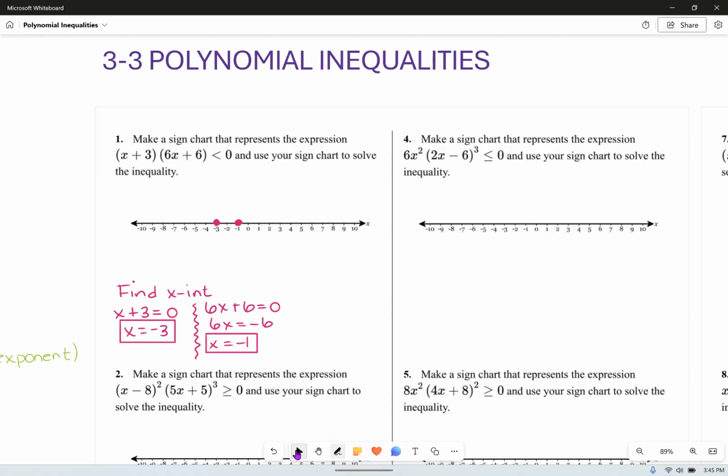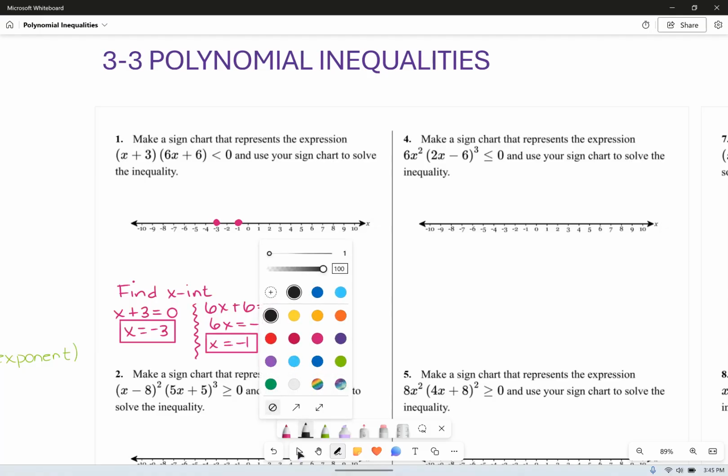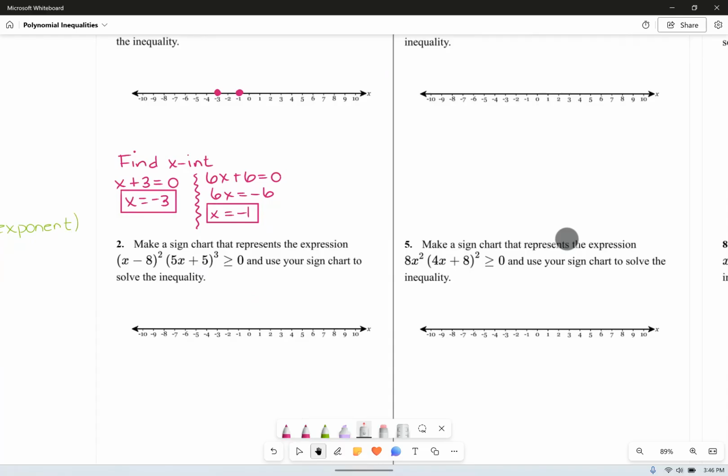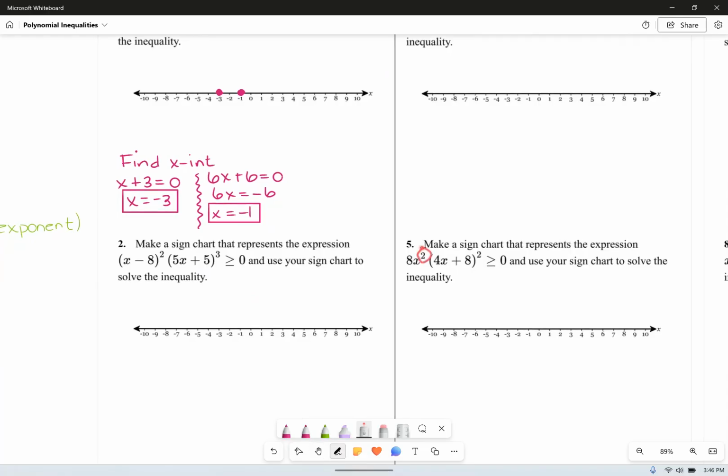Now, I want you to recognize that our graphs here have factor powers, and the factor powers occur as exponents. These are our factor powers. If I look at problem number 4, that's a power, that's a power. If I look at problem number 5, that's a power.